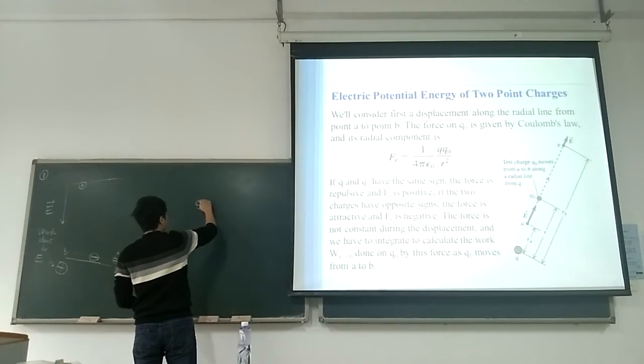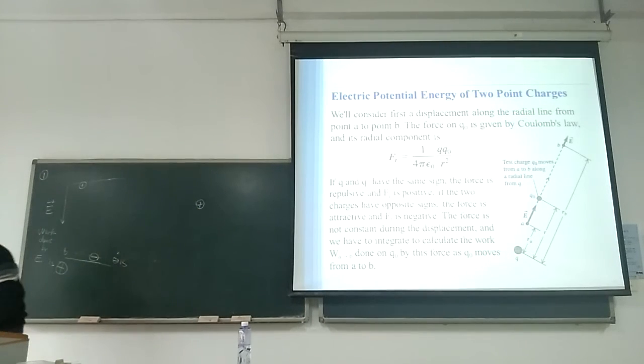We'll consider first a displacement along the radial line from point A to point B. The force on Q0 is given by Coulomb's law, and its radial component is F_r = Q Q0 / (4 pi epsilon 0 r squared).